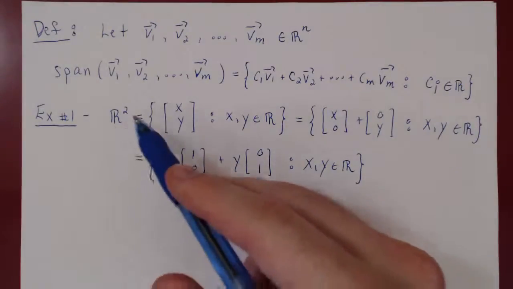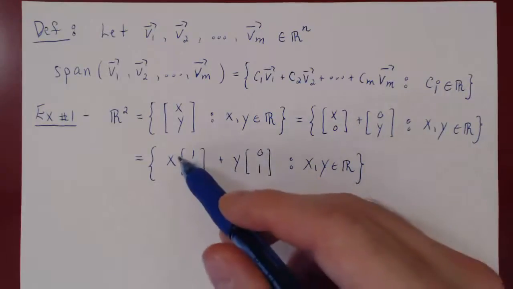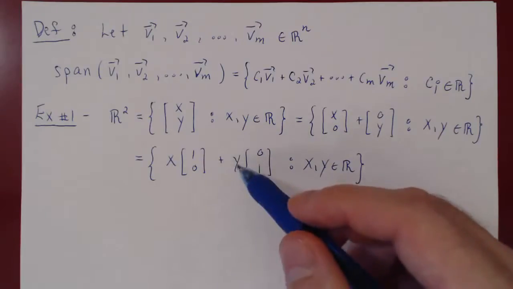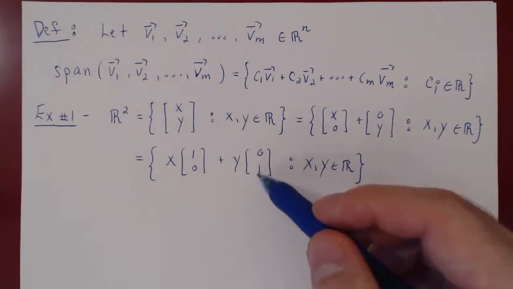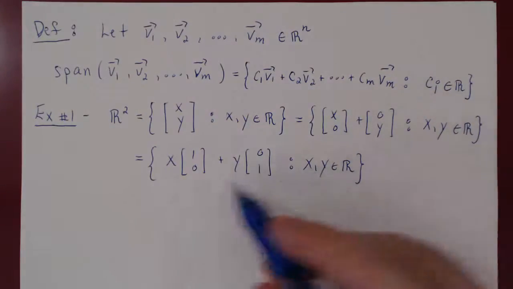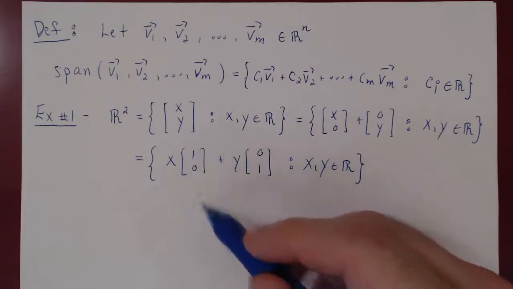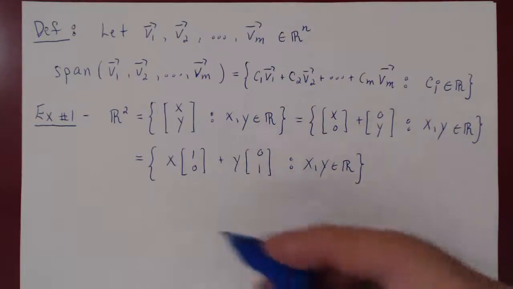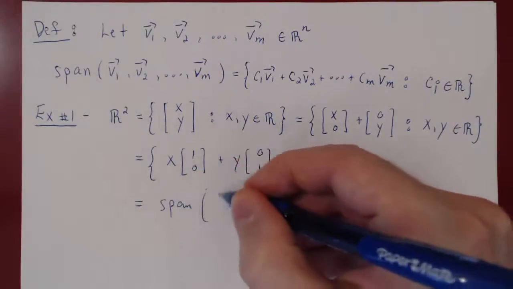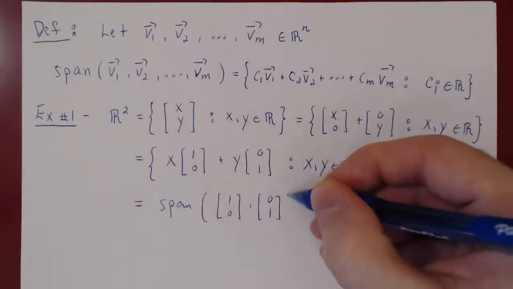We have expressed R2 as the set of vectors or points of the form some multiple of the vector 1, 0 plus some other possible multiple of the vector 0, 1, because x and y are allowed to range over all real numbers. So this is the set of all linear combinations of the vector 1, 0 and the vector 0, 1. This is by definition the span of these two vectors, 1, 0 and 0, 1.